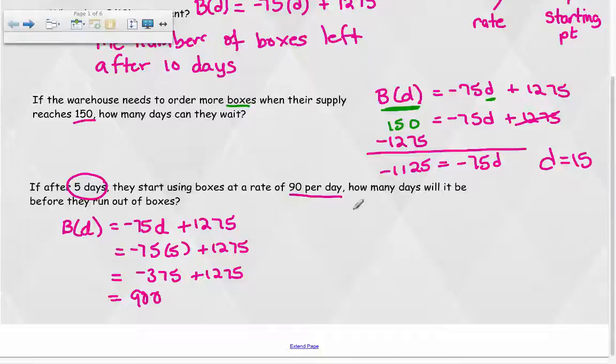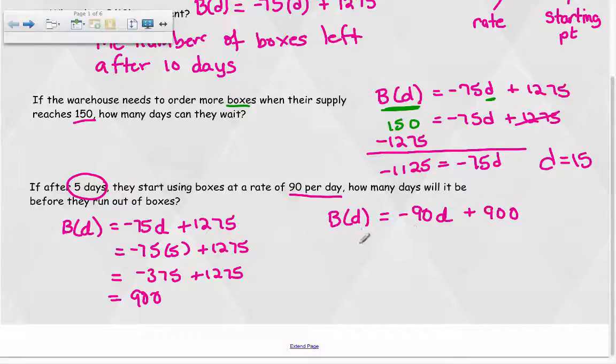So now I'm going to write a new equation, because the new equation says that after so many days, the boxes will depend on a rate of negative 90 per day, and on the 6th day, they're only starting with 900 boxes.